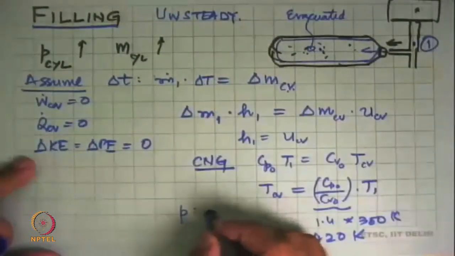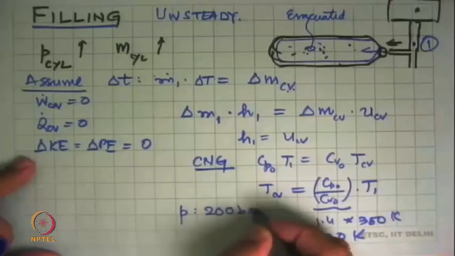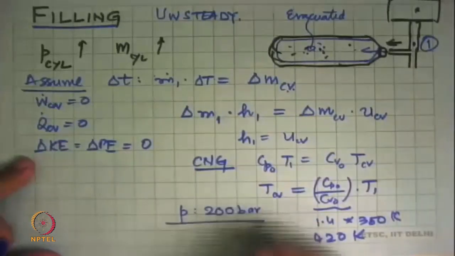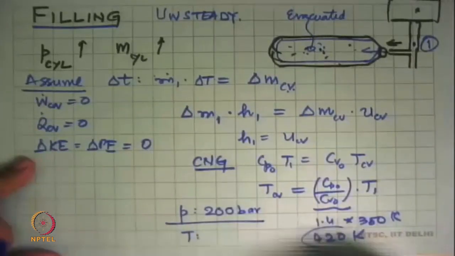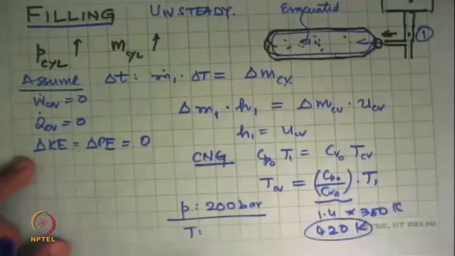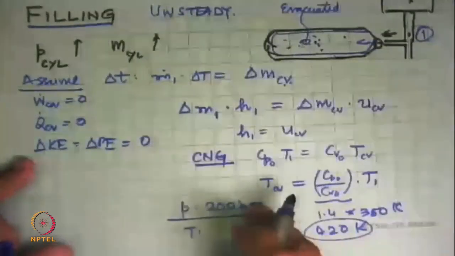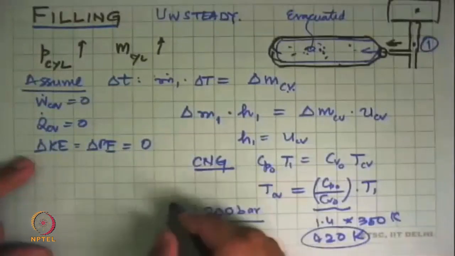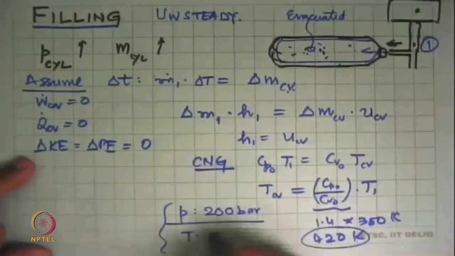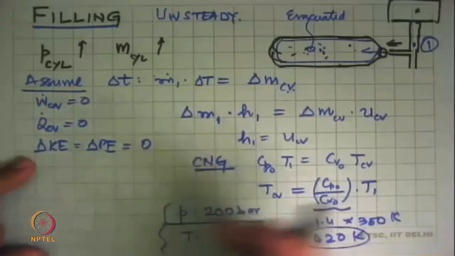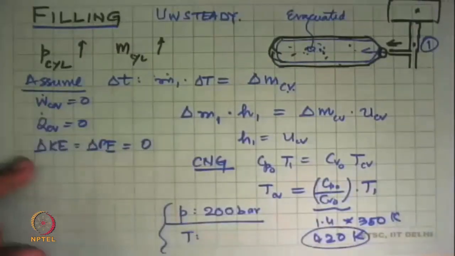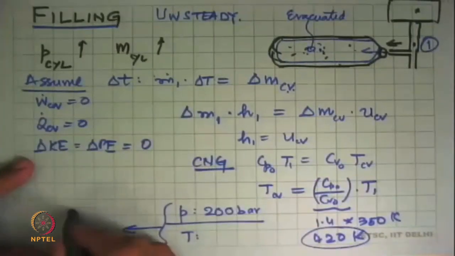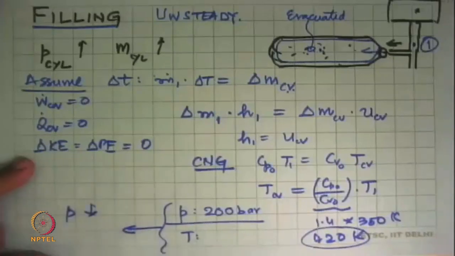So it has reached a high temperature, but the pressure is equal to the maximum possible pressure to which it can be filled, which was 200 bar. So you got gas at 200 bar, but at a much higher temperature. And the safety of the cylinder requires that pressure should not be exceeded. Which means that if you fill it up here at a high temperature, as you go away, after some time, even if you don't use the gas too much, the pressure inside will drop as the temperature reaches the ambient temperature.